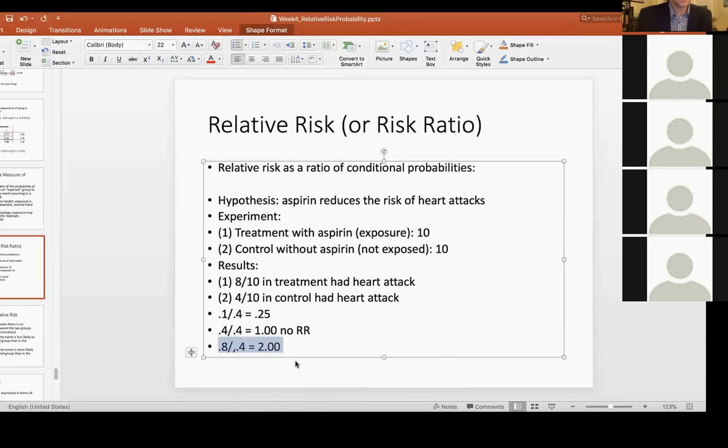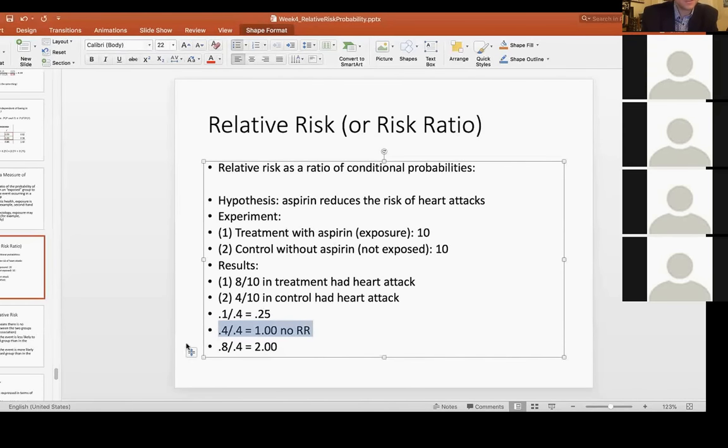This here is an increase in relative risk, and we would say the relative risk for the treatment versus the control, you double the risk of the heart attack given your exposure to the treatments. Here means that there's no effect given the treatments of the outcome.